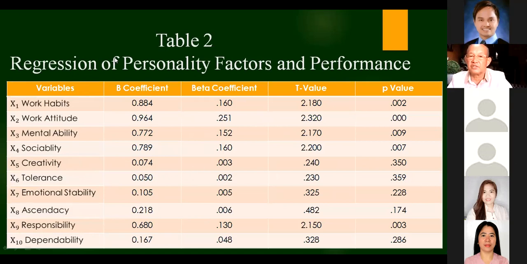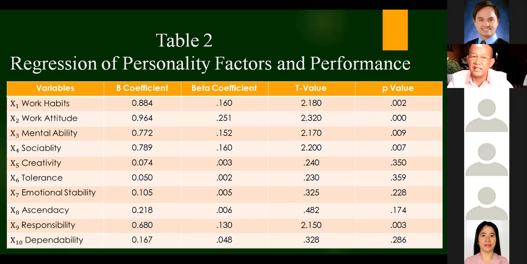Results of the regression analysis between personality factors and performance revealed a B coefficient of 0.88 for work habits. This means that for every unit improvement in the work habits of the teachers, performance can be expected to increase by 0.88.